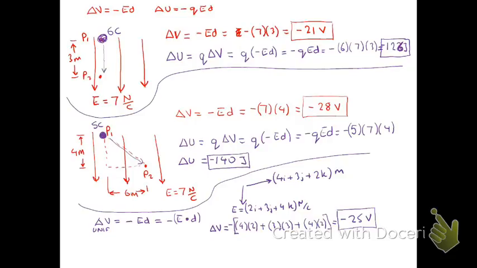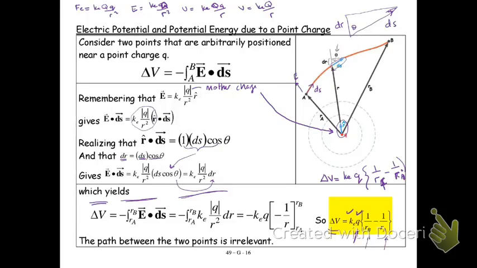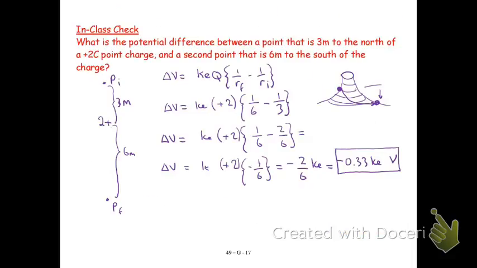It's delta V equals minus ED, or delta U equals Q delta V, which is minus Q ED. And doing the IJK is always nice. So that's a good skill set to have. And then for that, it's just knowing that equation and knowing how to use it.